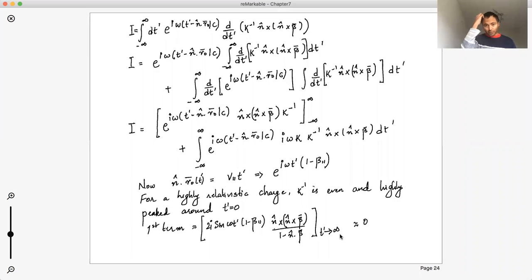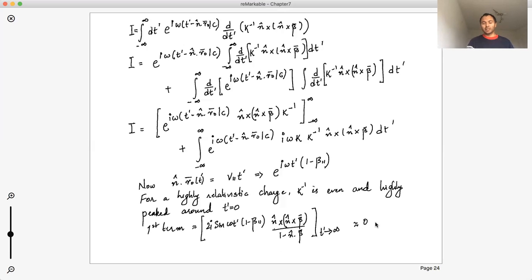Now, if t prime goes to infinity, this whole factor is going to be extremely small. Again, this comes down to the fact that kappa is an extremely peaked function at t prime equal to 0, and then kappa inverse is extremely peaked. And if you go to very high values of t prime, this whole function goes to an extremely small value. So the upshot is that the first term is almost 0.